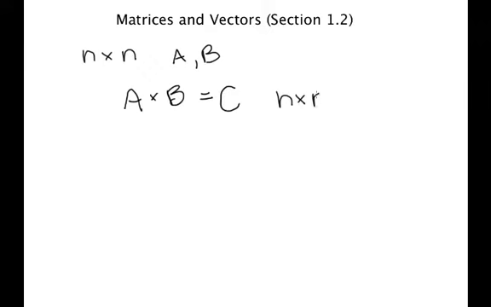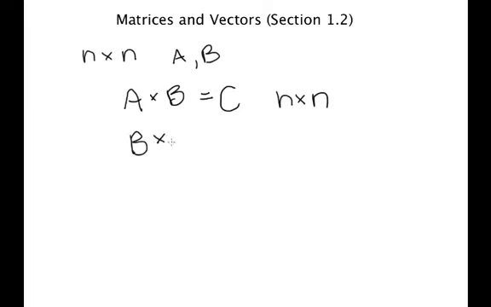Now, notice that most of the time we're going to be multiplying matrices of the same size. So if you have an n by n matrix A and another n by n matrix B, you can multiply them and get another n by n matrix C. And you could have done it in the other order.